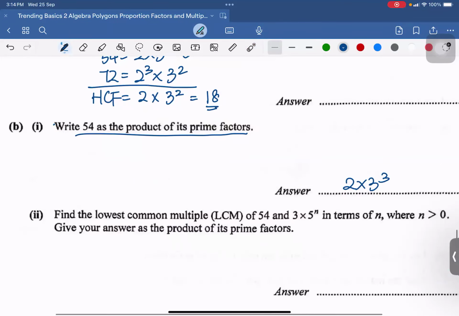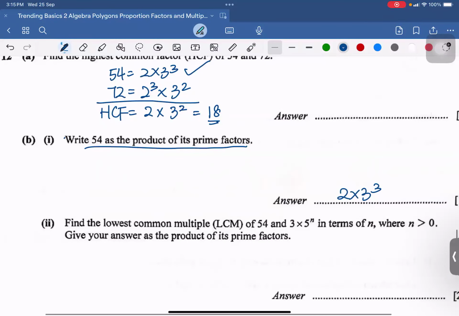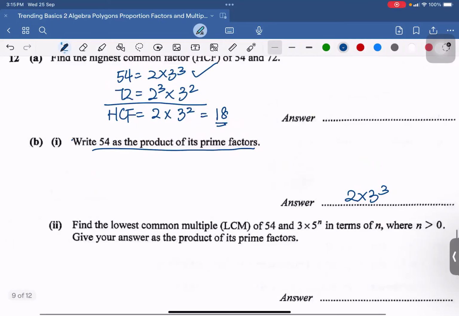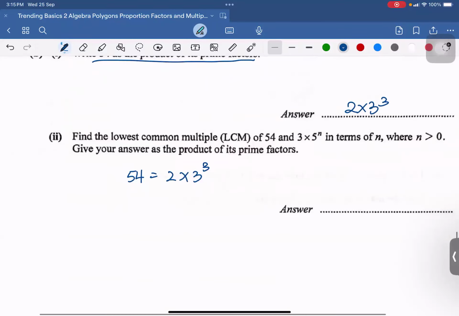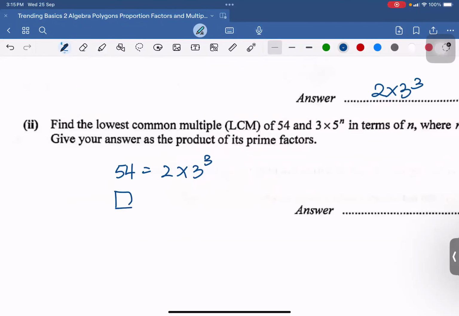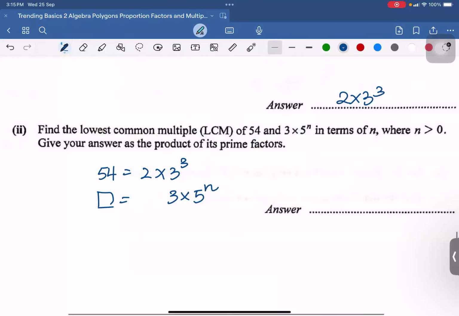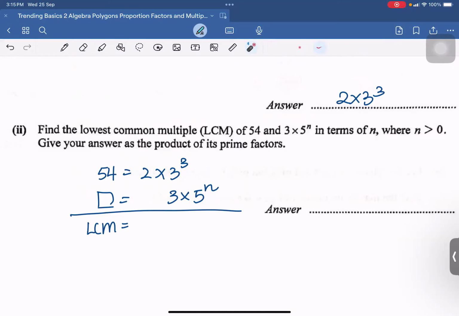Find the LCM of 54 and 3 times 5 to the power n. So 54 is made up of 2 times 3 to the power of 3. Then the other number is 3 times 5 to the power n. Find the lowest common multiple in terms of n as a product of its prime factors. So for lowest common multiple, what do we need to choose?